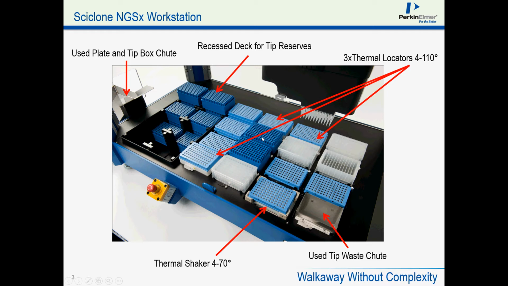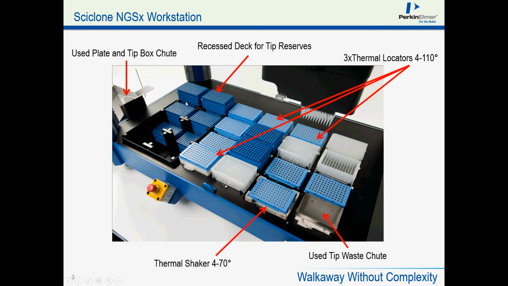Because you may notice this deck has a lot of microplates on it, we can run a whole process without having to add microplates, and you may notice on some of these locations towards the back that there are plates that are stacked.